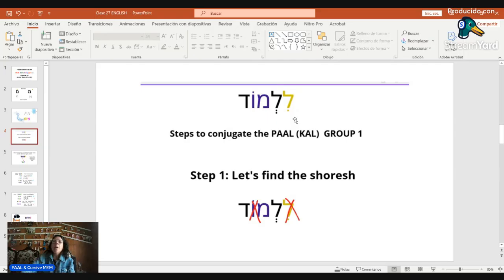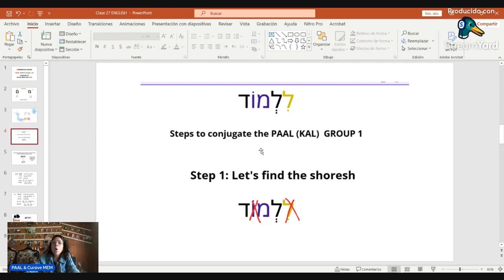Why? Because the first lamed belongs to all the verbs in the infinitive. Just as in English, the infinitive always starts with to: to walk, to run, to sleep, to eat. When you conjugate, we don't use to anymore. So the lamed is like to in English, and we don't need it.